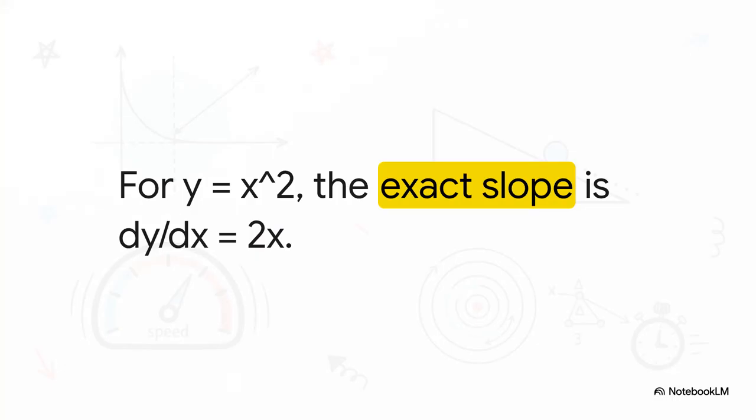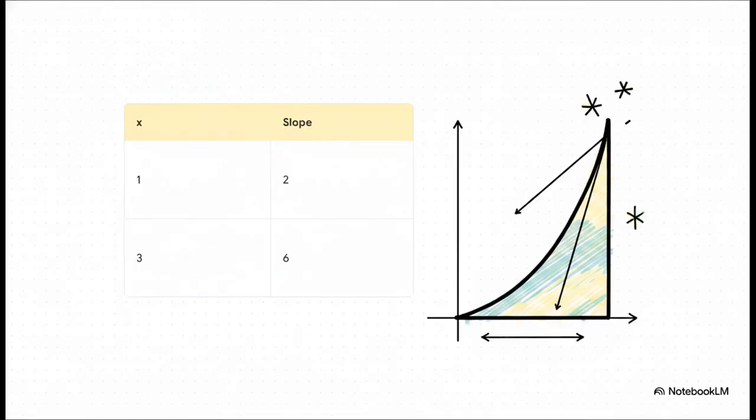Let's apply that visual tool to a standard function, like y equals x squared. Its derivative formula simply becomes 2x. That little bit of algebra acts as a sort of master key for this specific curve. It completely empowers us to find the exact geometric rate of change at any single point along that shape, entirely removing the guesswork. Check out what happens as x moves further along the graph. Notice how the slope jumps dynamically.